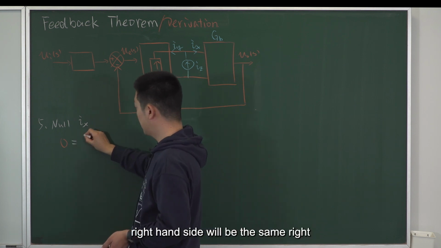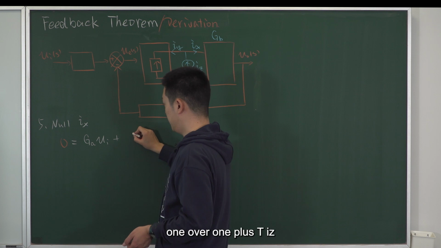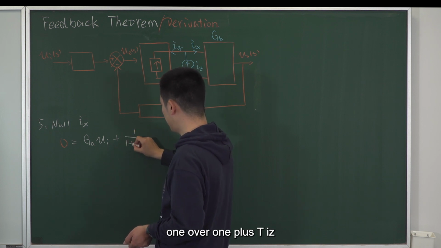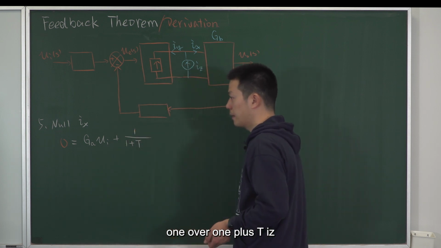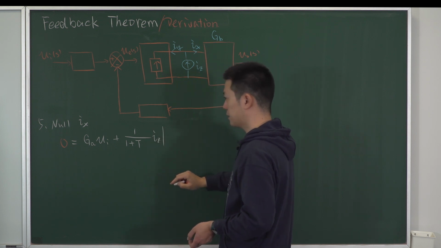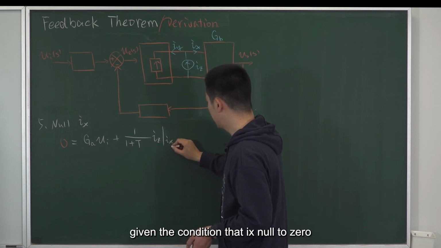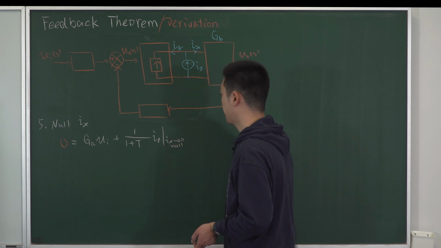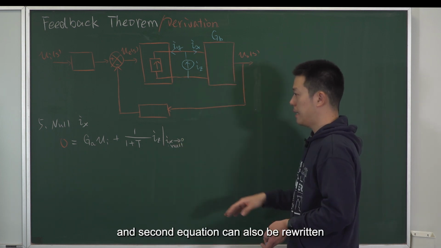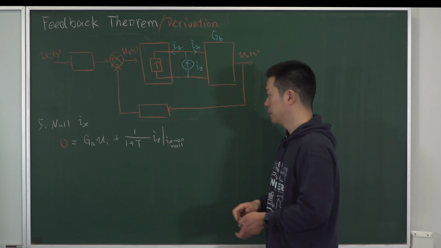So remember, previously Ix equals to Ga times Ui plus 1 over 1 plus T Iz, given the condition that Ix is nulled to 0. And the second equation can also be rewritten.